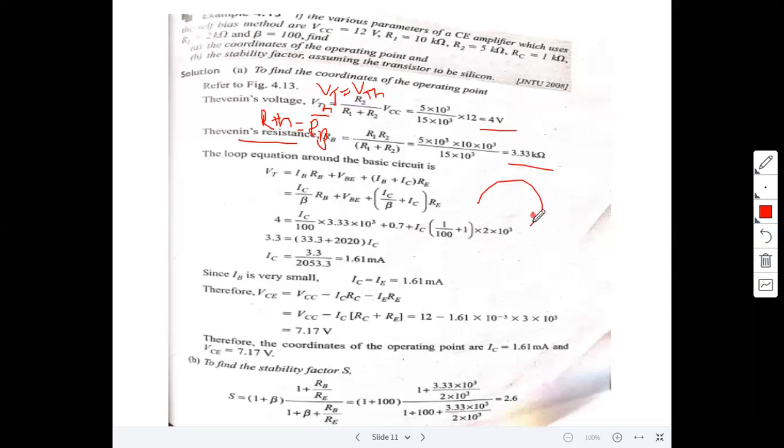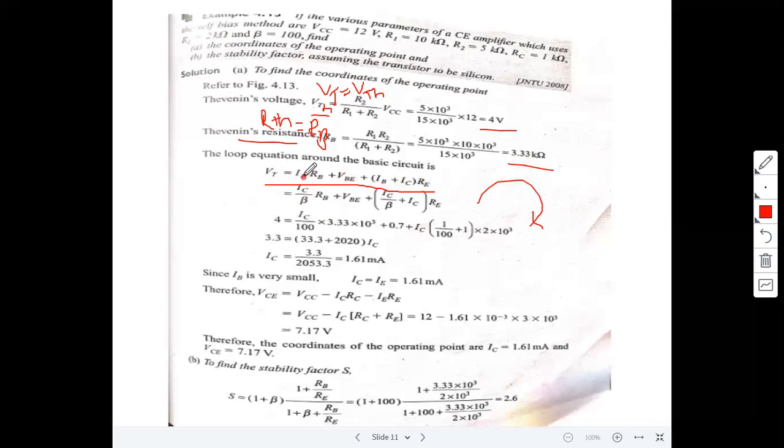Then apply KVL to this base loop. VT is equal to IB into RB plus VBE plus emitter current, IB plus IC, into RE.